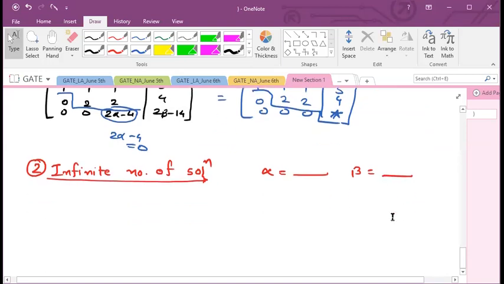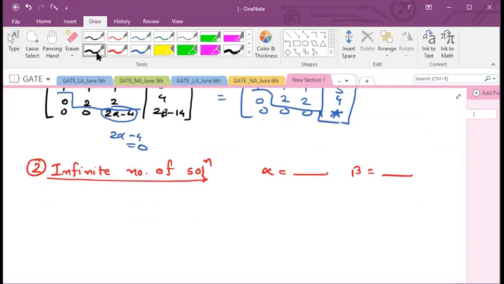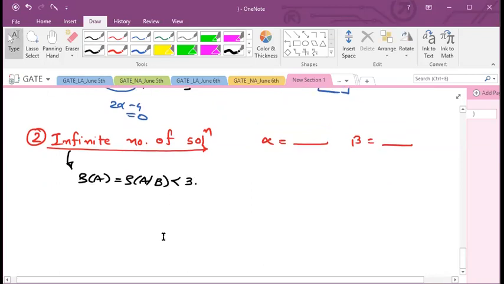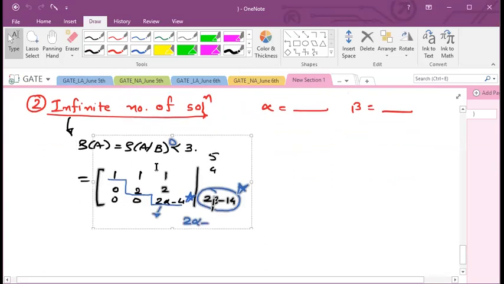So for an infinite number of solutions, we all know that rank of A should be equal to rank of A augmented B and should be less than n, and here n is 3. Okay, so if I write this once again, see over here. So this was our rank of A augmented B.